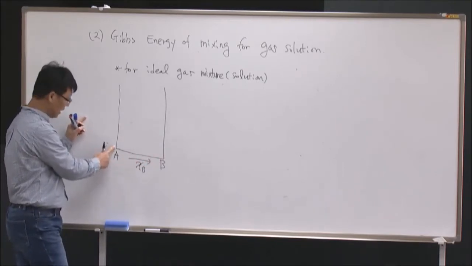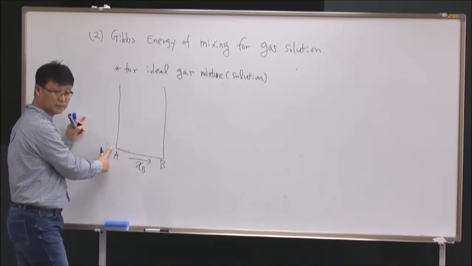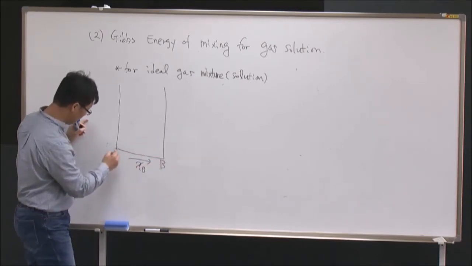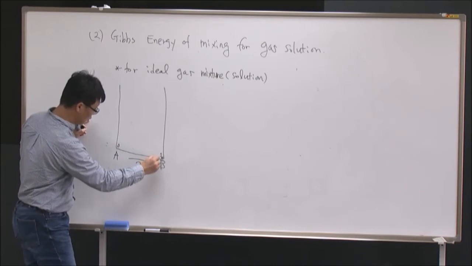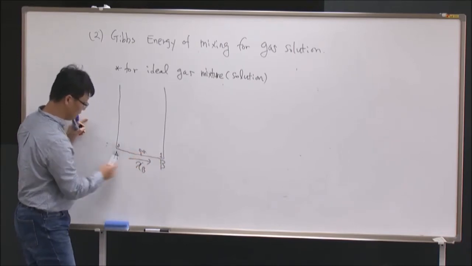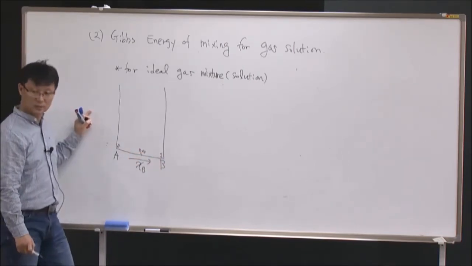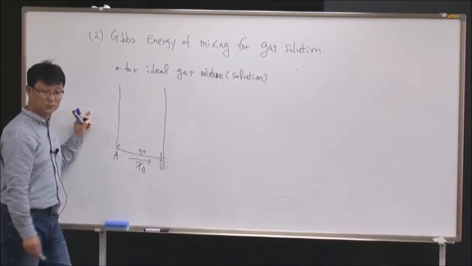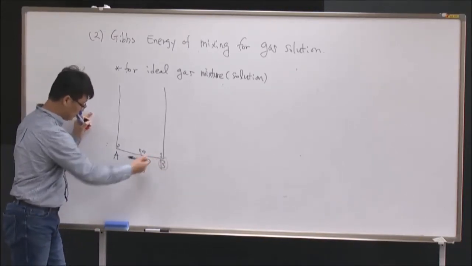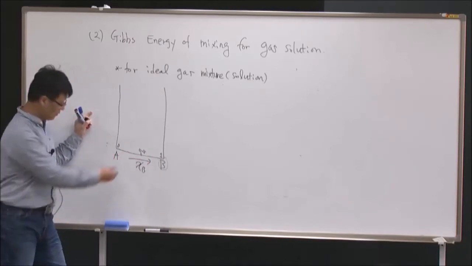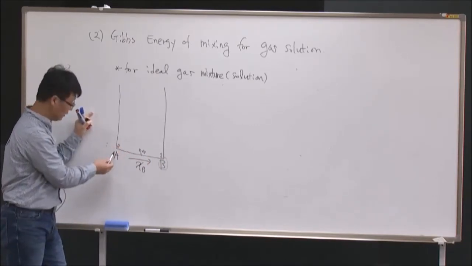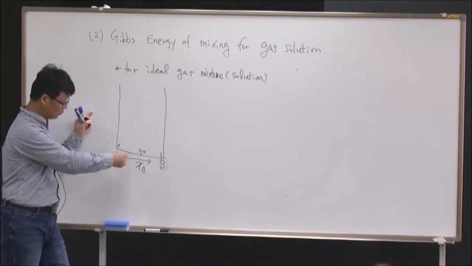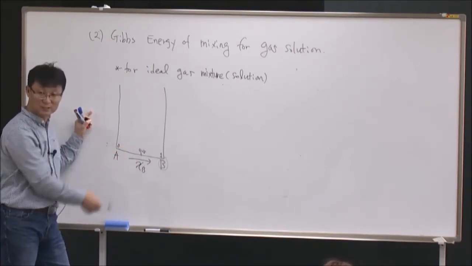Here is pure A in this corner, and this corner is pure B. So XB starts from 0 to 1, with 0.5 in the middle. Increasing in this direction it becomes XB, and increasing in this direction it becomes XA, until it becomes pure A and pure B. Is it okay? You have to know how to read this x-axis.